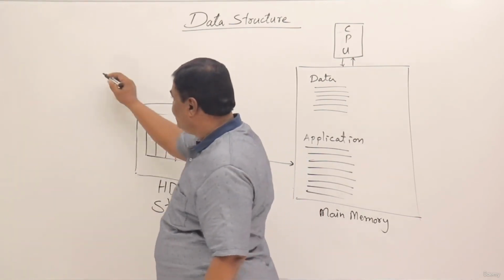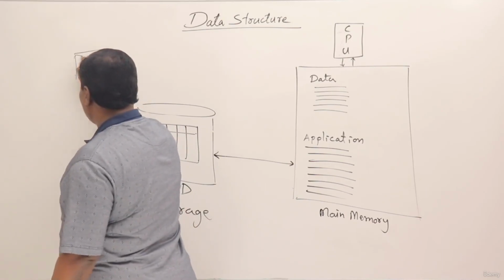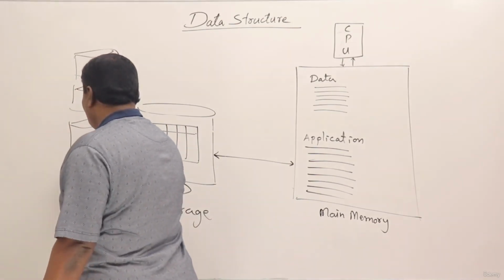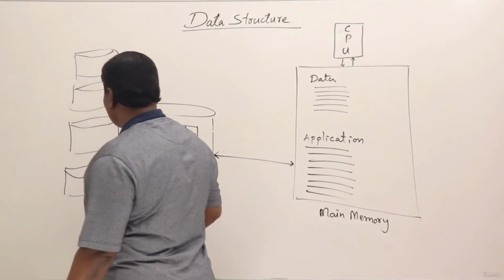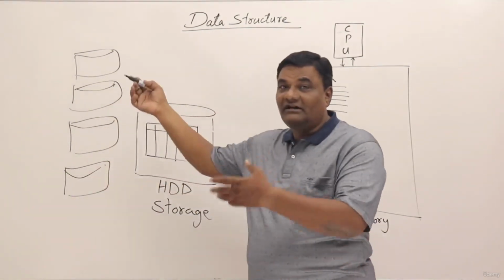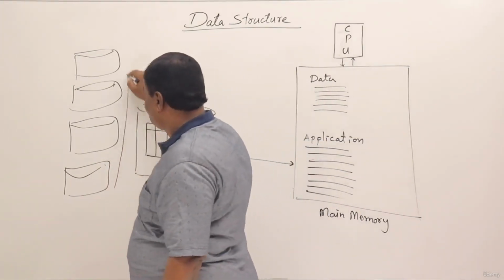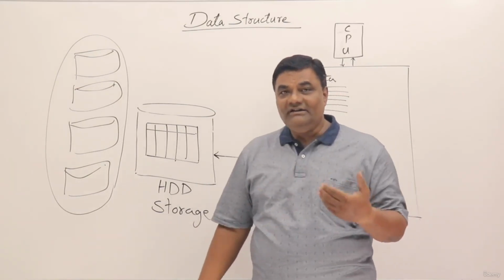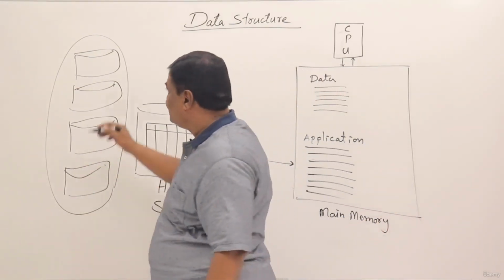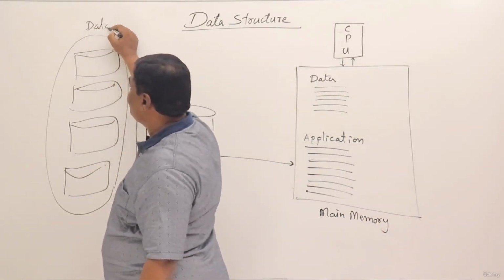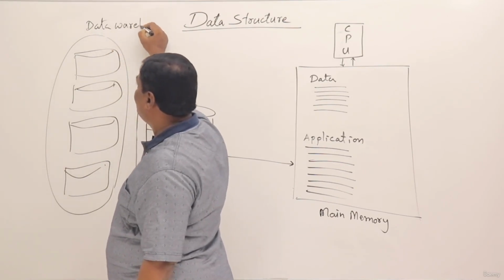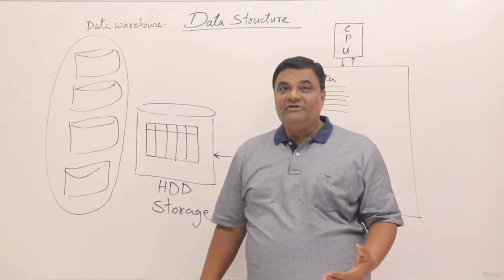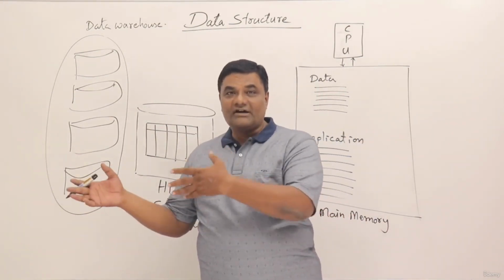That historical data can be kept on an array of disks, because just imagine 10 years of data or 50 years of data is kept not on just one disk, but an array of disks. So the large-size data which is kept here acts as historical data for any commercial firm. This is a data warehouse. So mostly commercial firms will have their data warehouses.